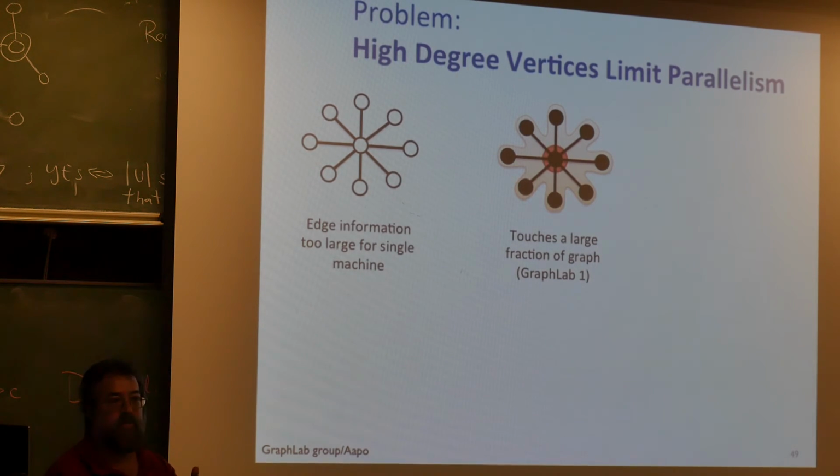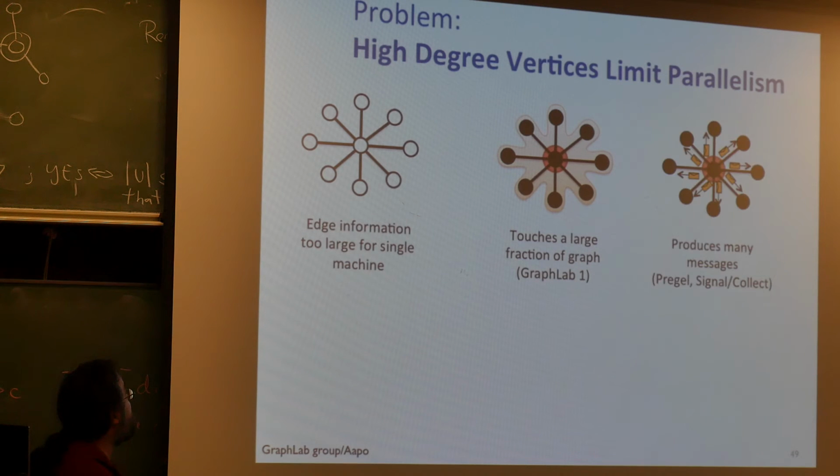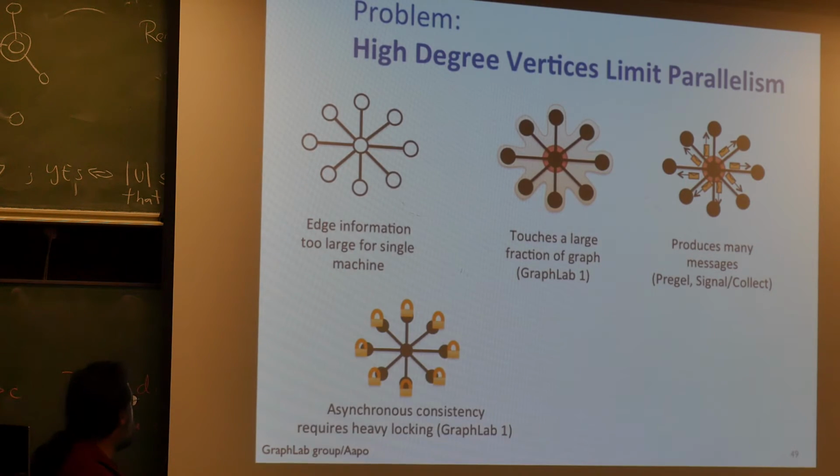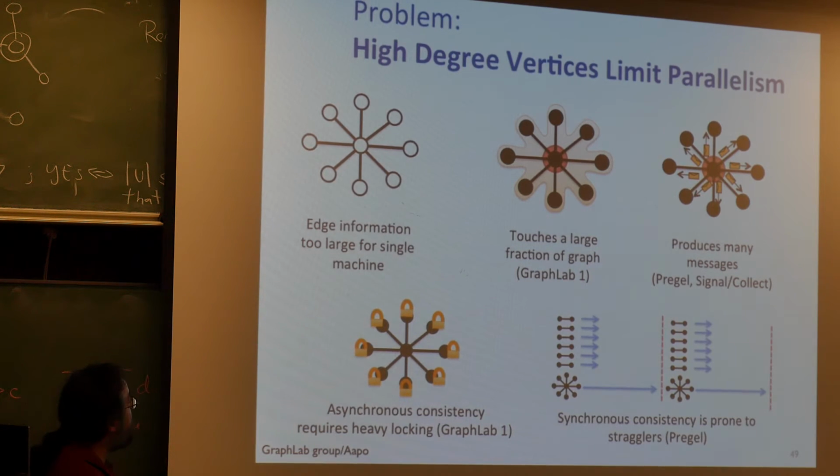So if you do it bulk synchronous, there'll be some steps where the loop iteration count is going to be 10 million, and for most of the other ones it's going to be 10. So it's very unbalanced, and it's going to cause a lot of message passing. So this is basically the problem.